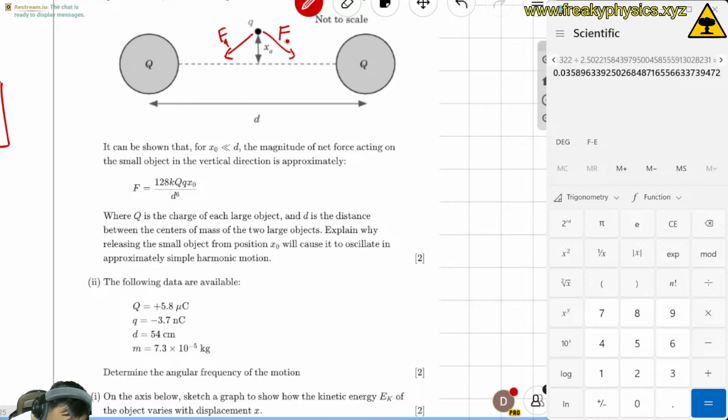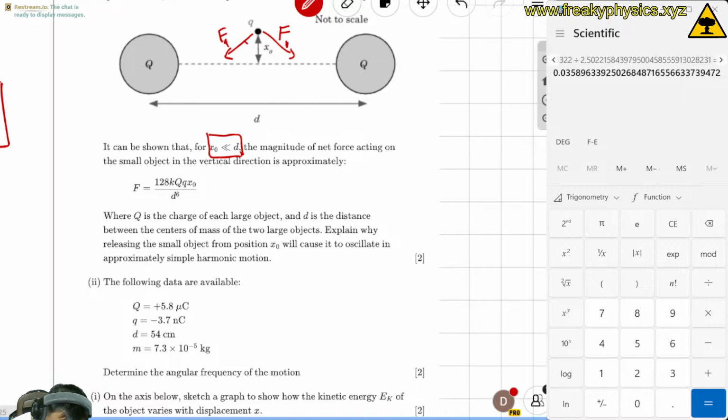Now, if we go back here, show that for x0 much smaller than D, the magnitude is this. So this is important here.